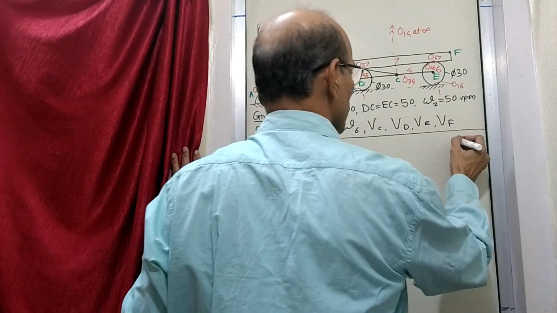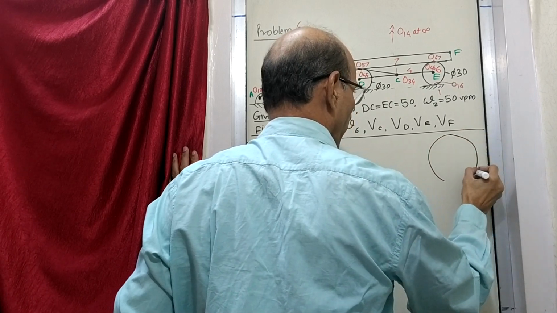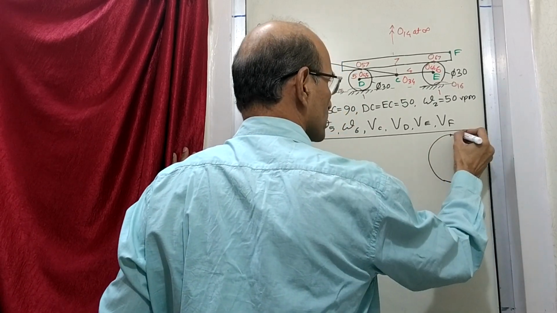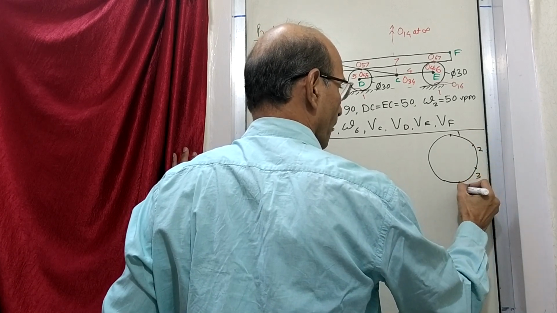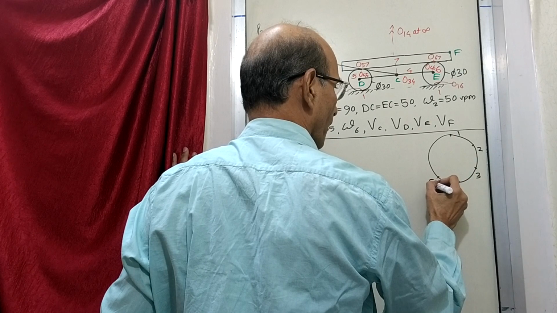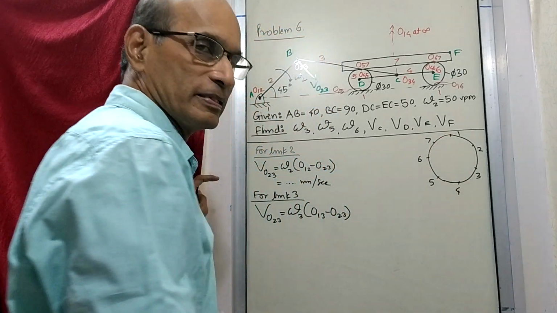So let's draw the Kennedy's circle here. Now this circle we have to divide into 7 parts. Like this.